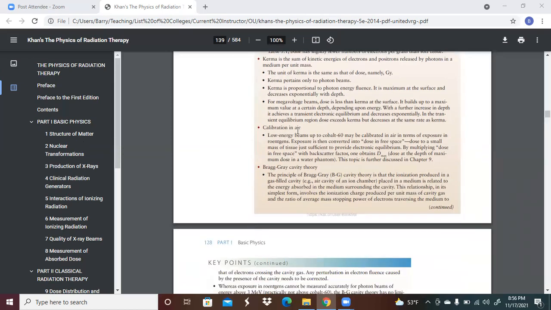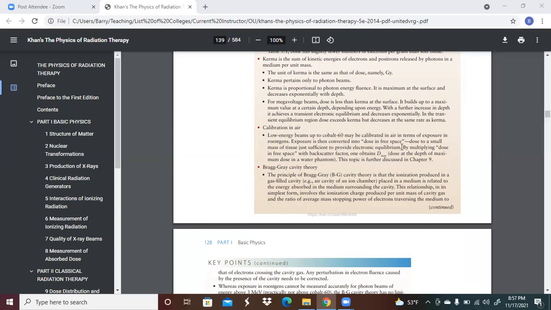So calibration and error. Low energy beams up to cobalt 60, so we're looking at orthovoltage, superficial, that kind of thing, may be calibrated in air in terms of exposure in roentgens. The exposure is then converted into dose in free space, or dose to a small mass of tissue just sufficient to provide electronic equilibrium.